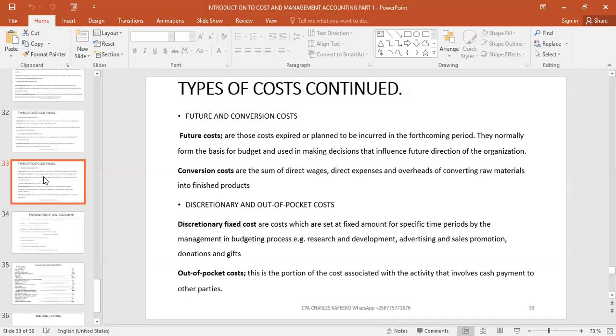research. You may find that those costs, yes, they have been set aside, but we can even do without incurring those costs.